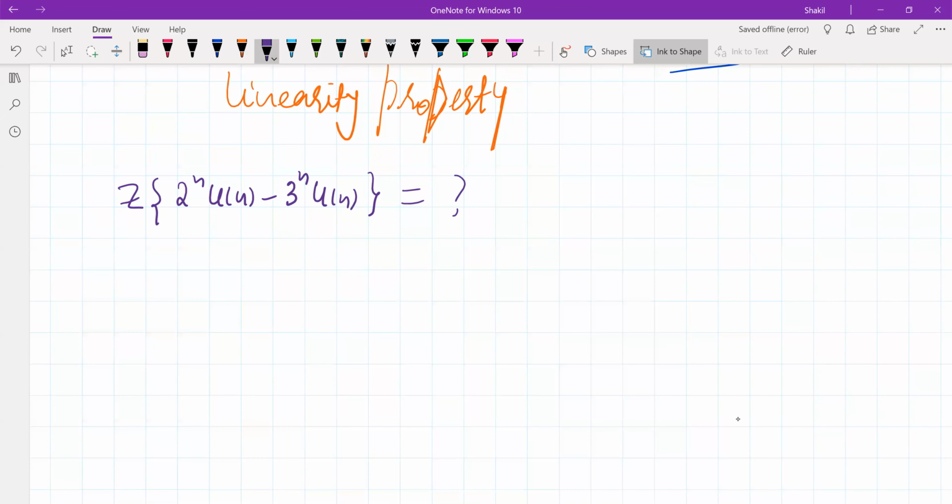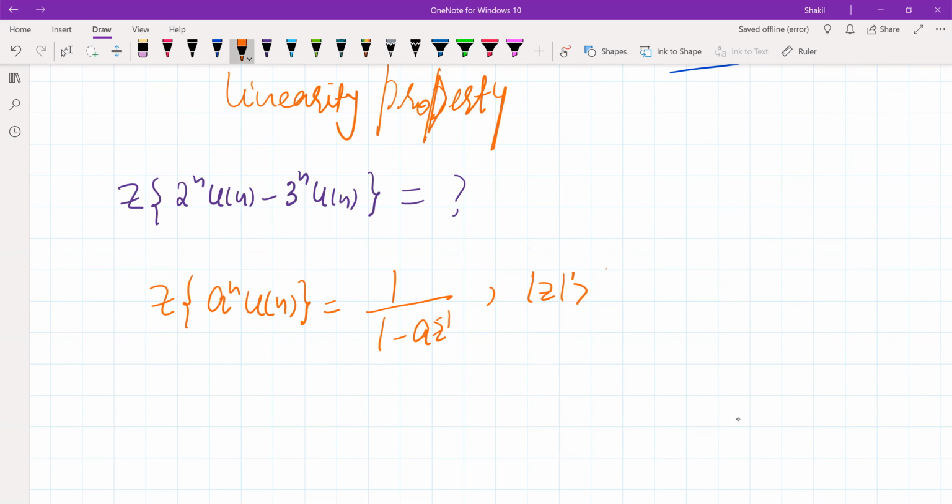We have already studied that the Z transform of a raised to power n u of n is simply 1 by 1 minus a Z inverse if magnitude of Z is greater than a, and on the complex plane it simply means the ROC is outside the circle whose magnitude is a.